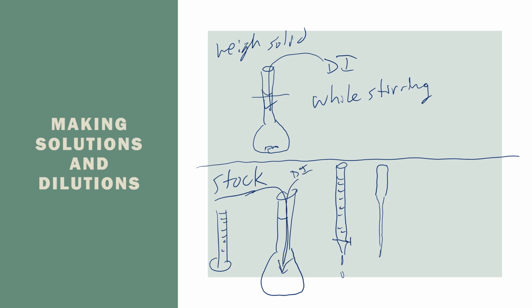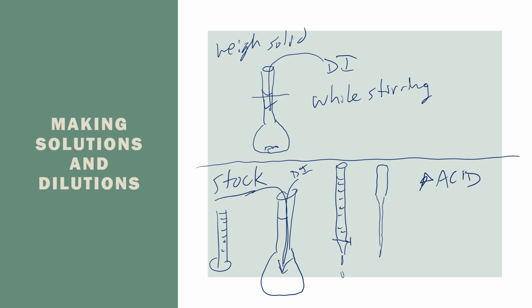The only exception to this is if you're making an acid dilution. If you're making an acid solution, you want to make sure you have some water first in the flask and then add in the acid. That's because when the acid is dissolving in water, it's a very exothermic reaction, and if you just put a little bit of water in with it, it can release a lot of heat very quickly and be very dangerous for you.